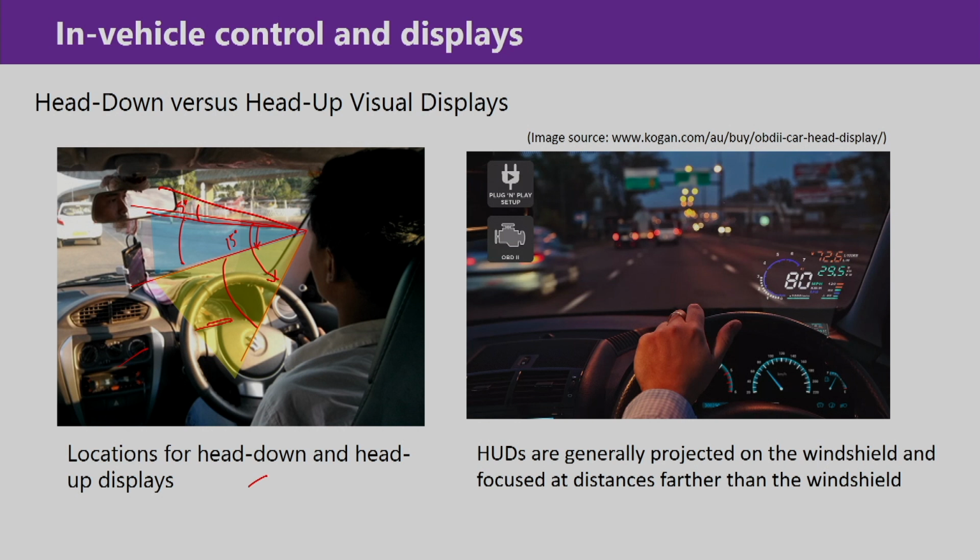Now, if we look at the second image on the right side, this is an example of head up display. In head up display, as I already mentioned, these are electronic displays, and the image is projected on the windshield, but at which distance? The distance is generally towards the front of the vehicle, near the bonnet at the bumper. At this distance these displays are projected, so that the driver can easily look at the displayed information without moving their eyes from the primary driving scene.